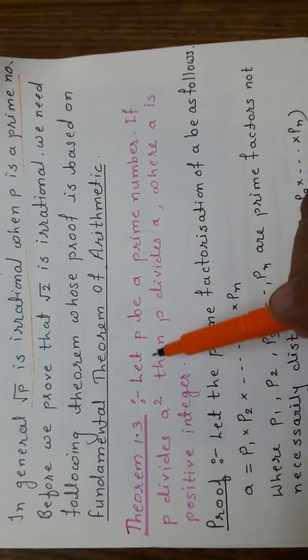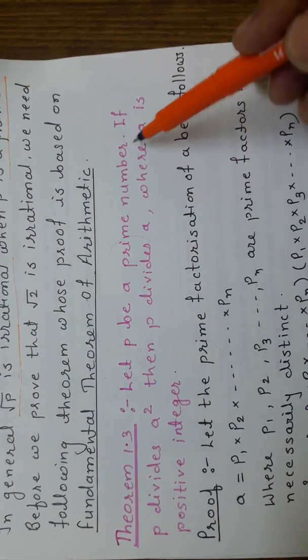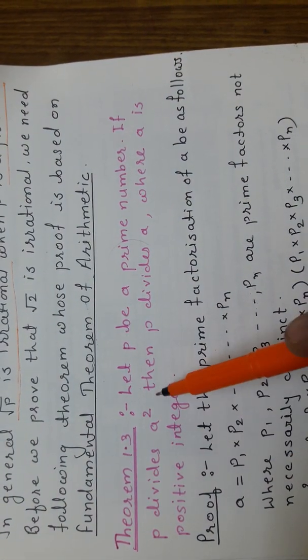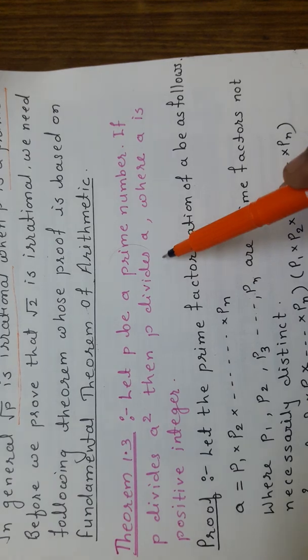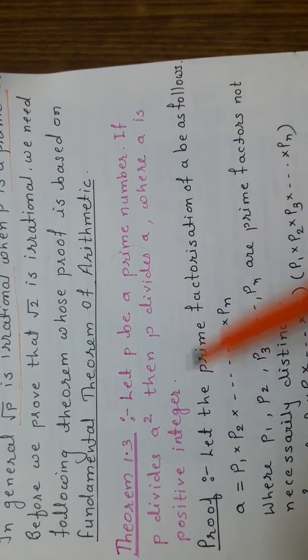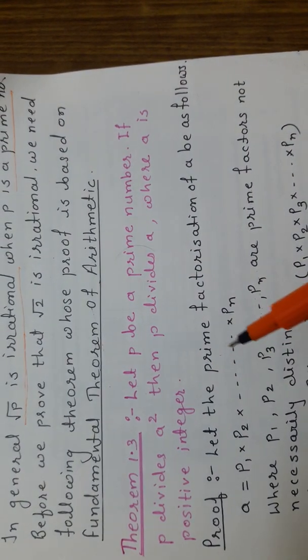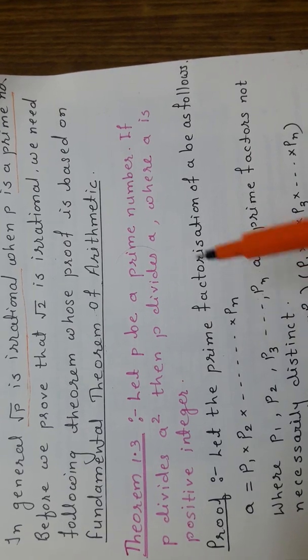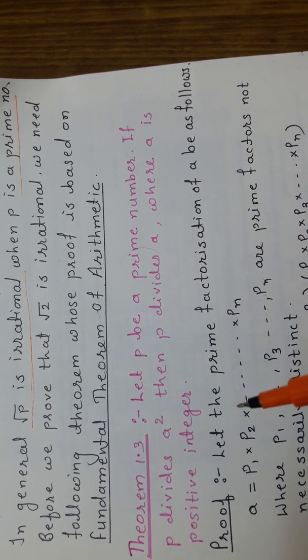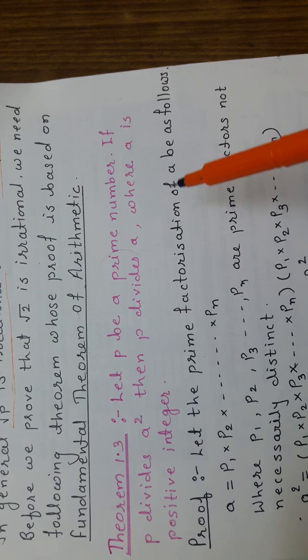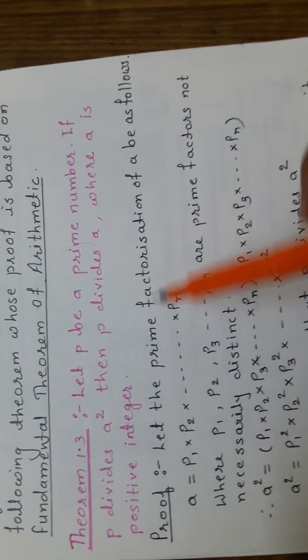Theorem 1.3: Let P be a prime number. If P divides A square, then P divides A, where A is a positive integer. This theorem is not asked in the exam, but the concept of the theorem is used in the following problems.